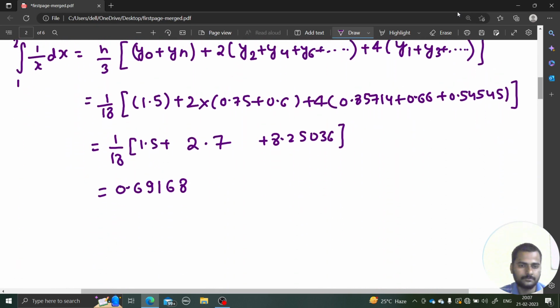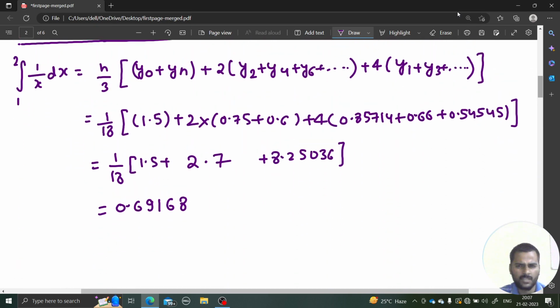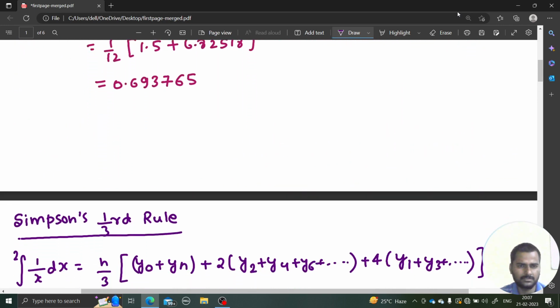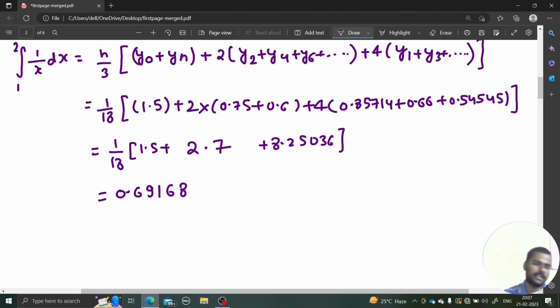Okay, if I compare it to the previous value, 0.6937, it might happen that my value is a bit different. And what is given in the textbook? 0.69325. Okay, different.